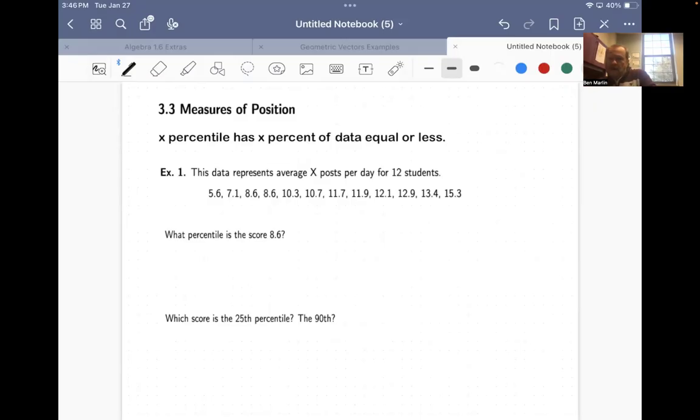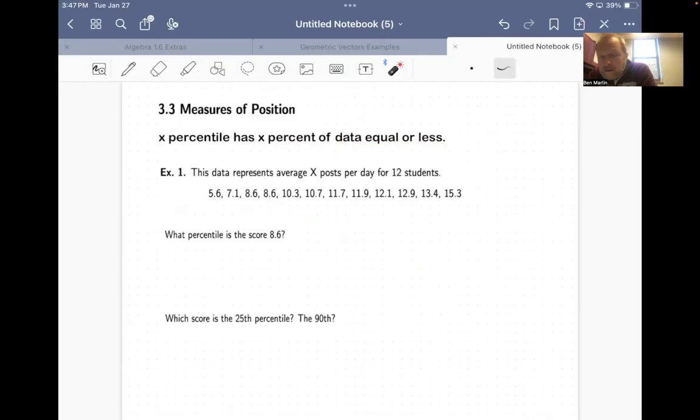So we really only talk about the first percentile, the second percentile, the third percentile, etc., up to the 99th percentile. We don't really say anything about the 0th percentile or the 100th percentile. Okay, those are just not terms that we use. But when we talk about a percentile and we give it a number, that number is meant to represent that percent of the data is either equal or less.